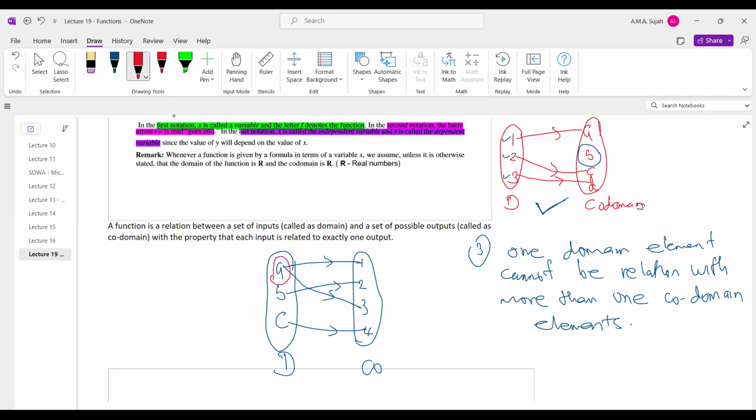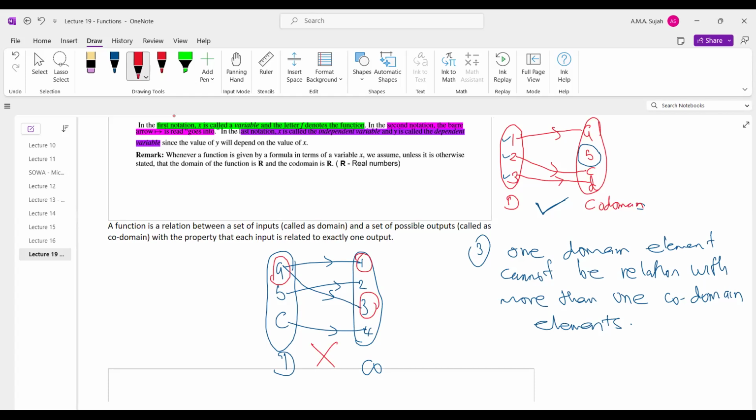The theory says one domain element cannot be related with more than one codomain element. Here the domain element A has a relation with the codomain element 1 and codomain element 3. So we can say this is not a function. That is the third point. One domain element has a relation with only one codomain element.